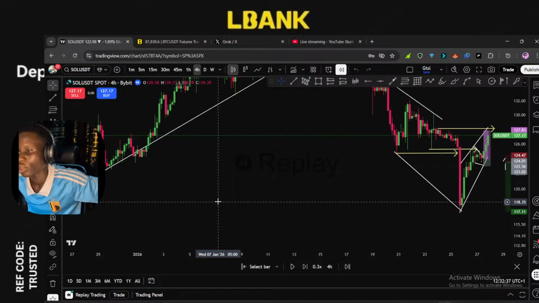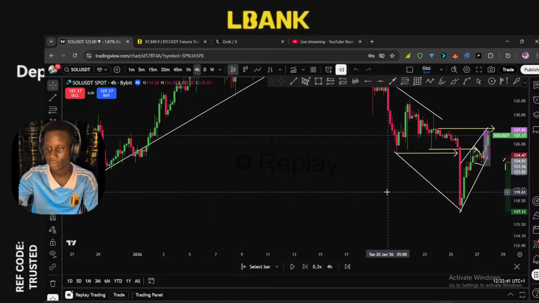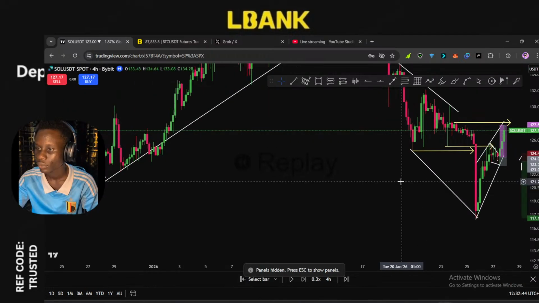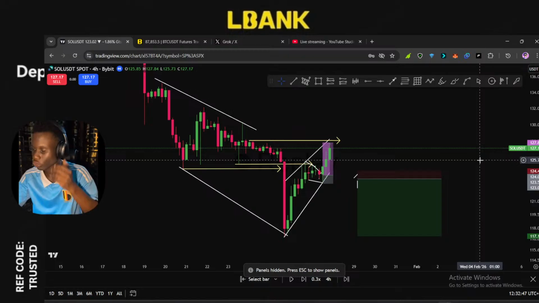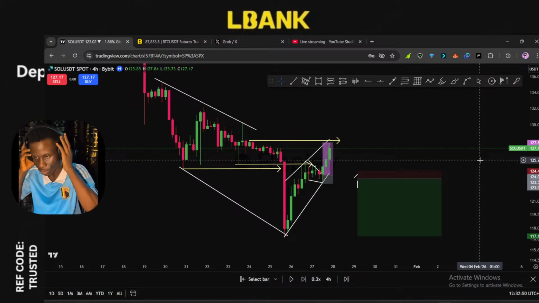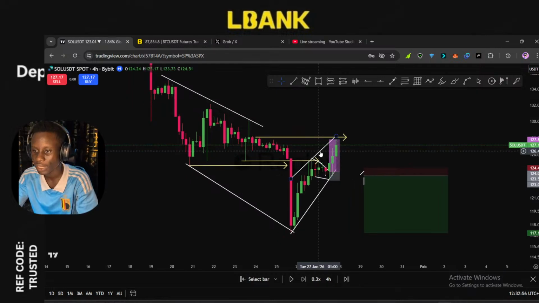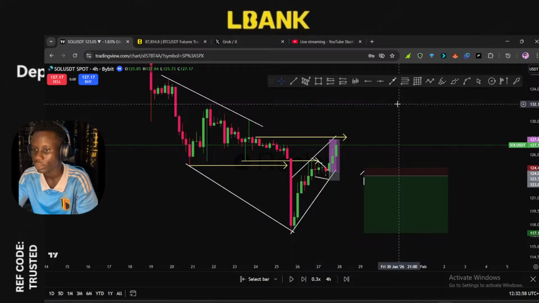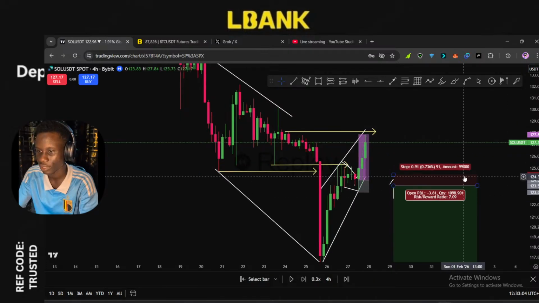Okay, so let's assume that you open your chart, and what do you have? What are you seeing? You are seeing something like this. Let me clear all this.